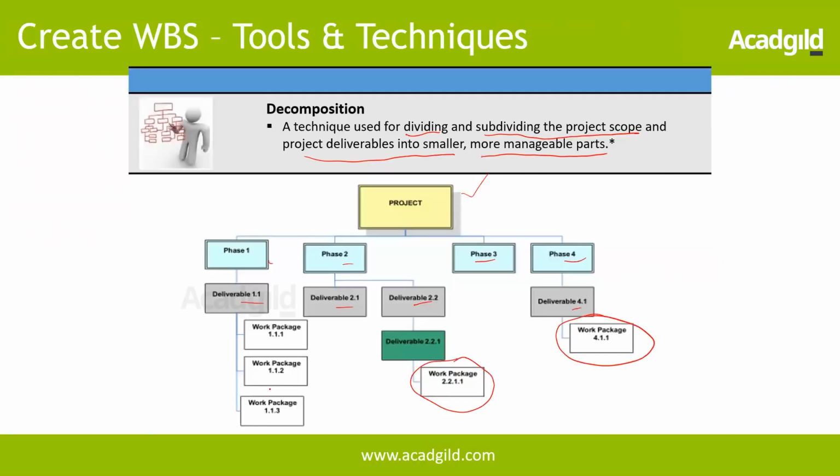Please note that the work packages in the WBS will only have deliverables and not activities. It does not contain any activities. All these low level work packages are deliverables. So if I get into your project and try to see what it is all about, if I just look at all the work packages, then I understand what your entire scope is all about.